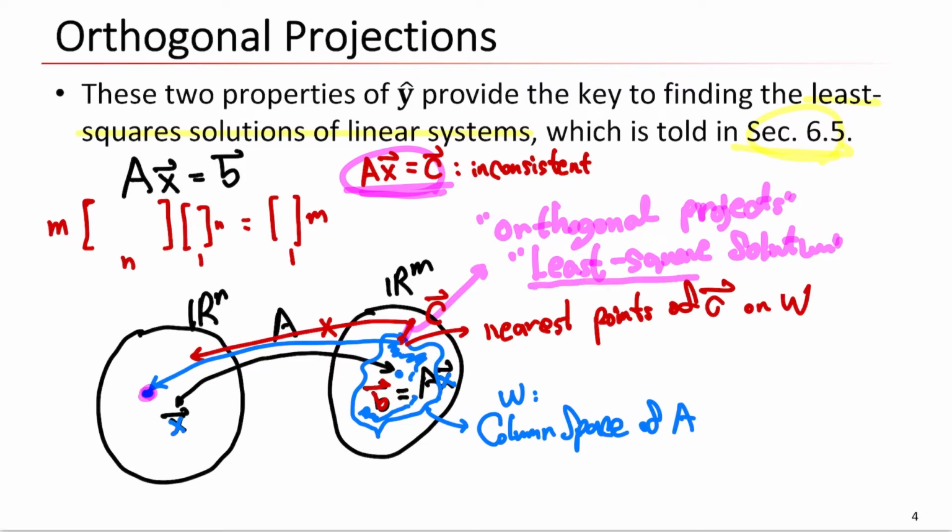By introducing the least square solution, we can approximate the solution when there's no solution of Ax = b or Ax = c. Today we will discuss how to find this orthogonal projection, and the least square solution will be discussed in the following lecture. This is the general idea of why we have to learn orthogonal projections.